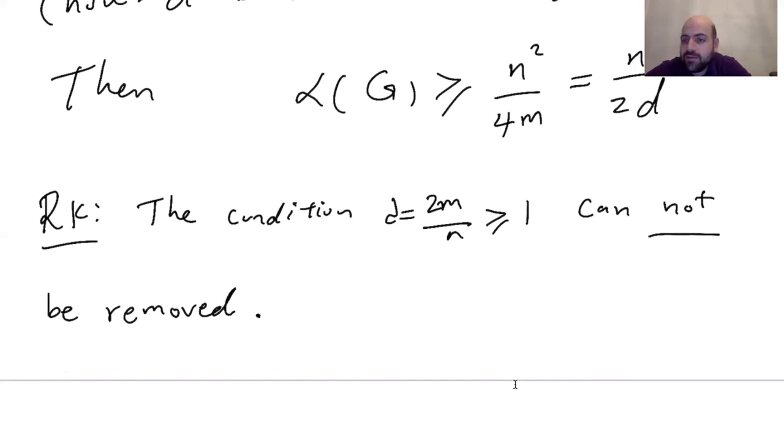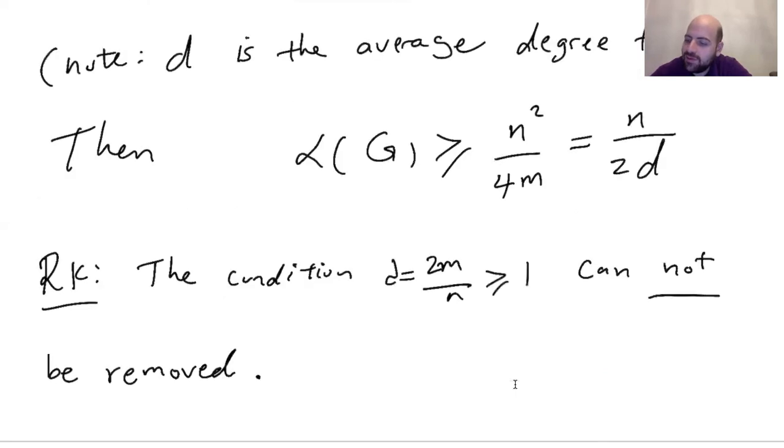Why can it not be removed? Well, if I can find an example for which this condition is not met and the theorem does not hold, that means the condition cannot be removed, right? And the example, I actually just gave it a few minutes ago.